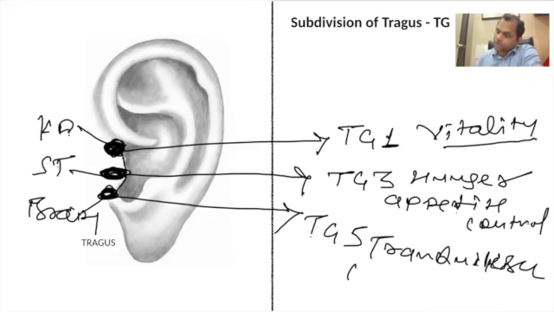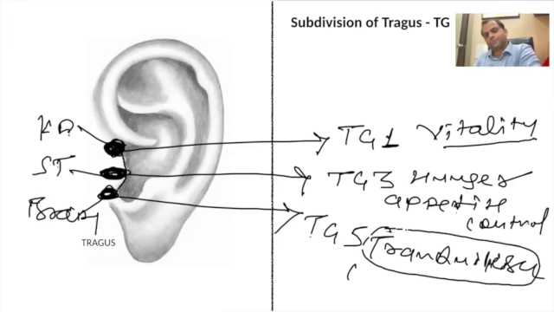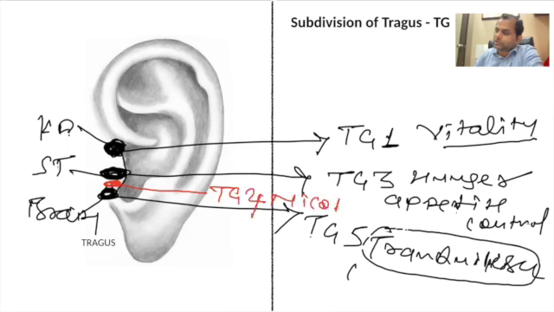Okay. So now this is the tranquilizer point. Just next to the tranquilizer is tragus 4. Also a brain point, but this has been considered as a nicotine point. Nicotine is also part of the brain, the nicotine point, which is connected with the dopamine secretion.